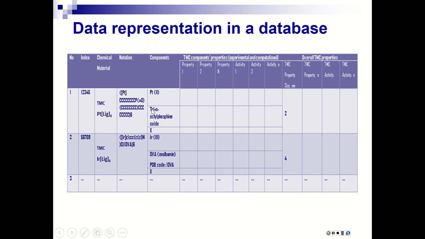And then using some cheminformatics methods, I can compute separate properties for each ligand, for example. Then based on that, I can do all this virtual screening. So I need the properties for the whole system, and then the properties for each ligand.